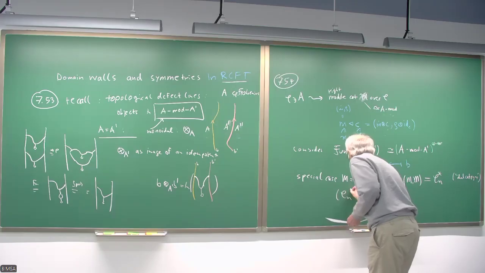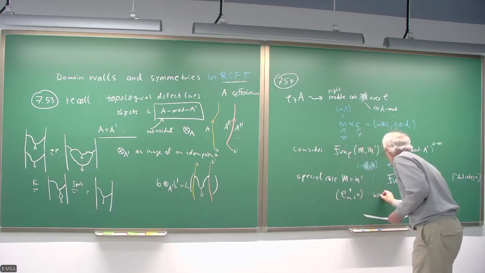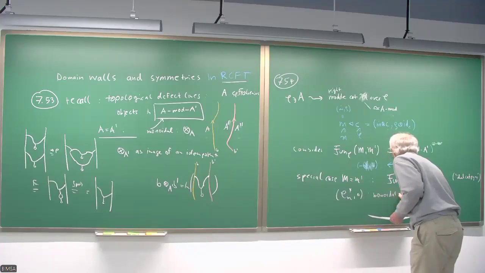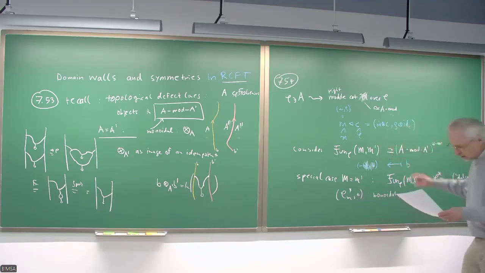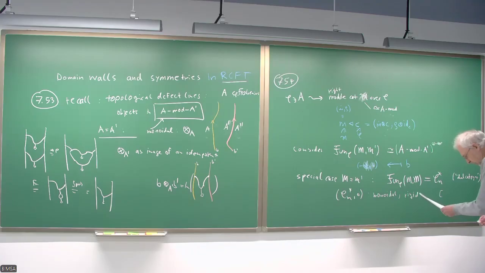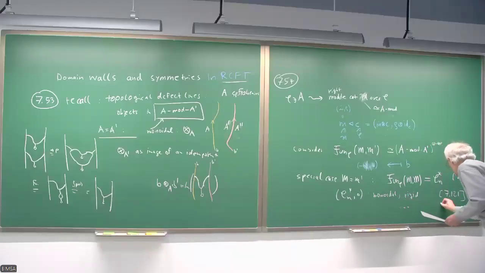And then if you look at this together with composition of functors, then this is actually monoidal. And you can check also rigid. You find this, for example, in the Etingof et al. book.